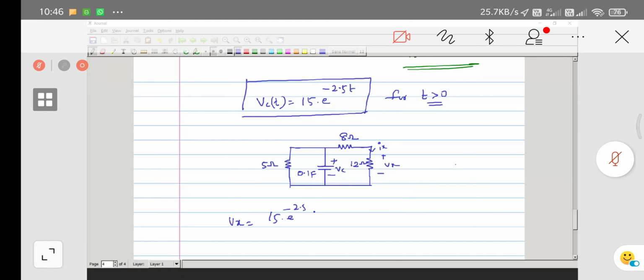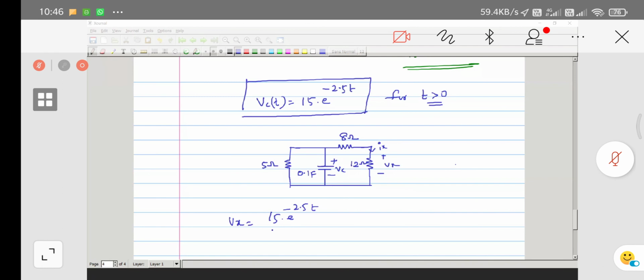As per the voltage division rule, the voltage across this 12 ohm resistor is given by the total voltage into the value of the resistor, which is 12 by 12 plus 8. Is it right? Okay.